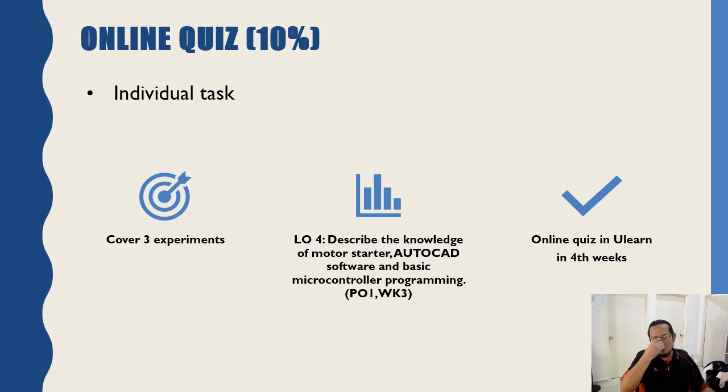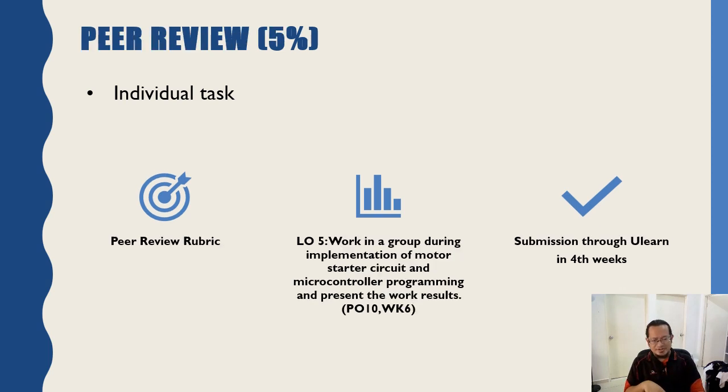Maybe it will ask you what is the function of a component, how to do this, what happens if you do that, and how to calculate a few things. We haven't come up with the exam questions yet, but we will see you in the 4th week. So wait for further instruction from your instructor about the online quiz.